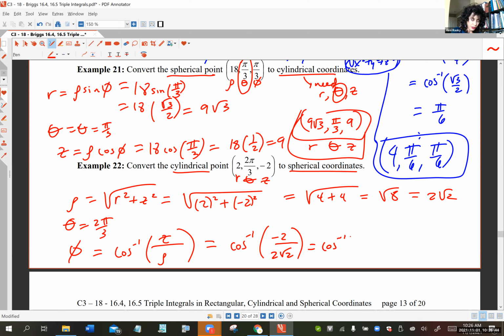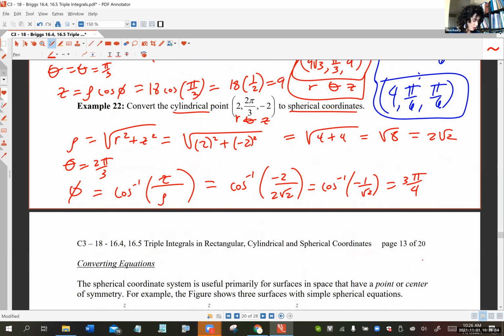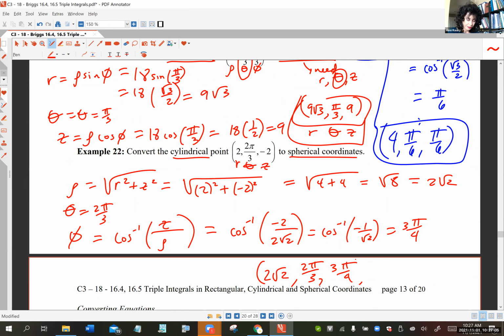But after reducing, this is cos inverse of negative 1 over square root of 2, which is 3 pi fourths. So your final answer, your spherical coordinates: your rho is 2 square root of 2, your theta is 2 pi thirds, and your phi is 3 pi fourths. And there's your final answer for that example, converting cylindrical to spherical.